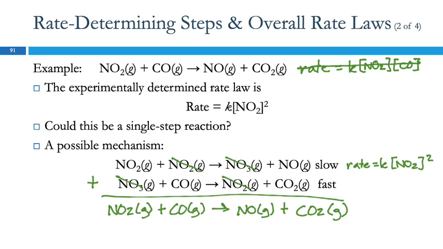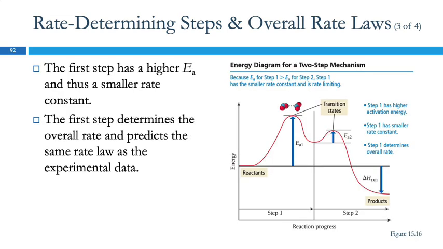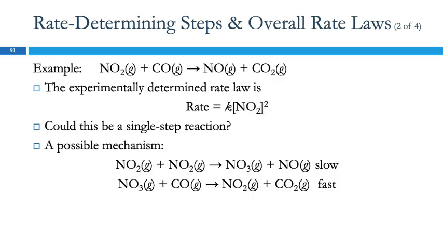Any other questions? On the next slide, it says transition states. What are those? That's a great question. So the transition state is where, here, we had the NO2s colliding, and when they are together in that collision, they are in the process of becoming NO3 and NO, and that's a transition state.